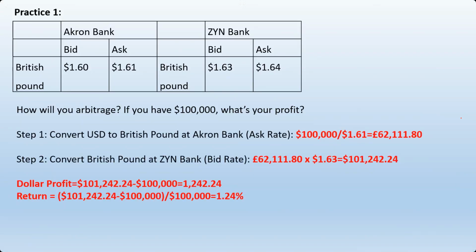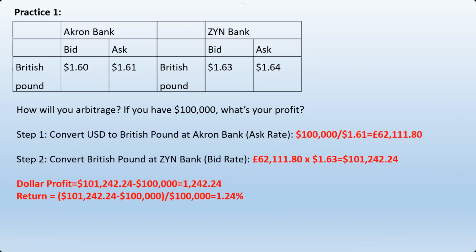Okay, so we're going to buy at April Bank and sell at ZYF Bank, since it's 1.63 minus 1.61. We sell US dollars to buy British pounds at the ask rate, so it will be 100,000 divided by 1.61.